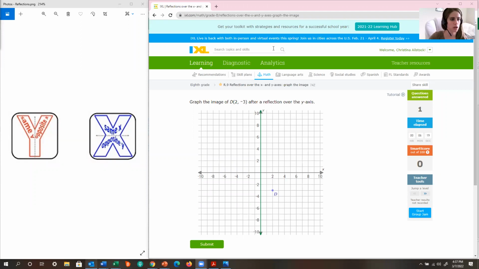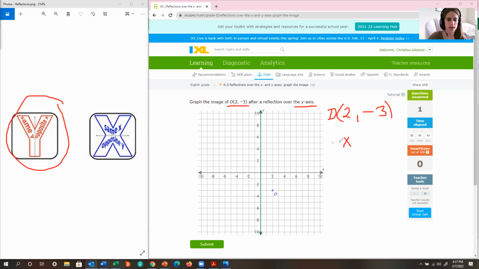So this time we are having to graph the image D, which is located at 2, -3. And we are once again reflecting it over the y-axis. So currently our pre-image is located at 2, -3. And if we're reflecting it across the y-axis, that means we're using this rule.